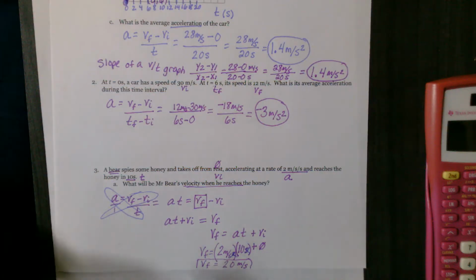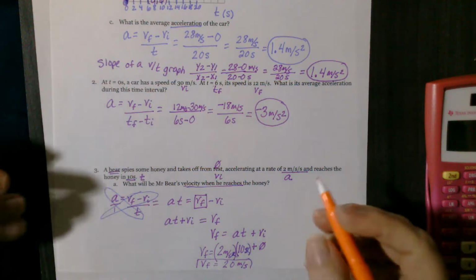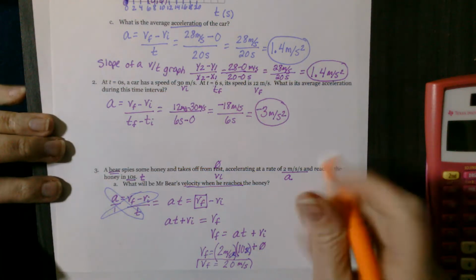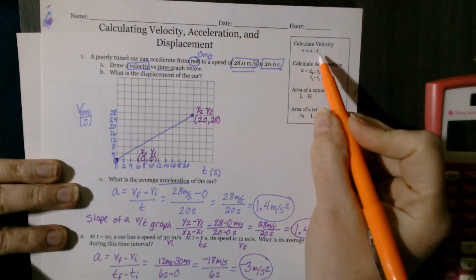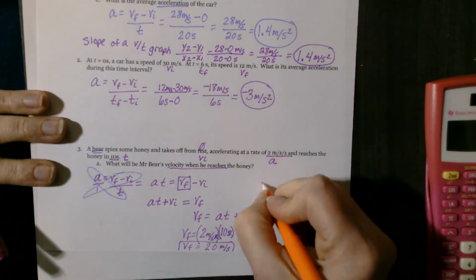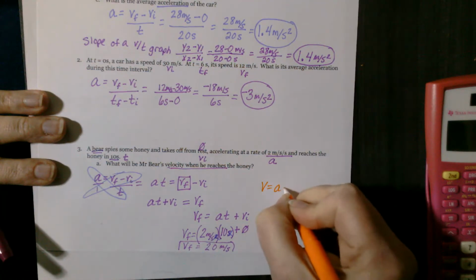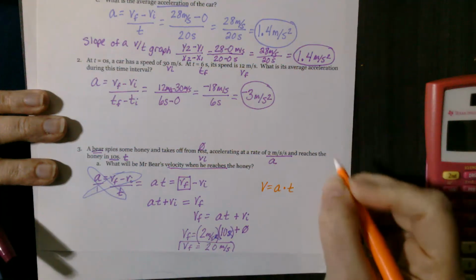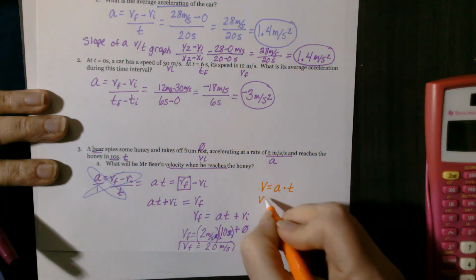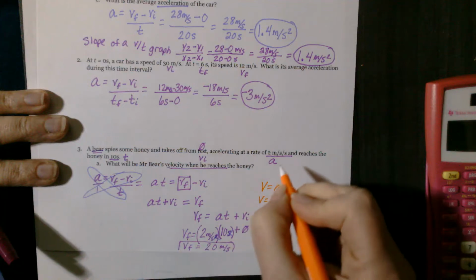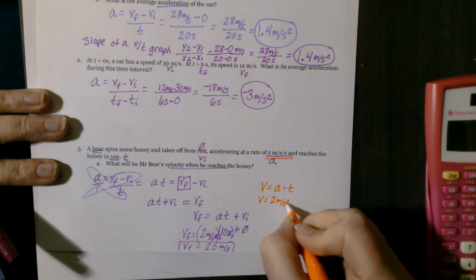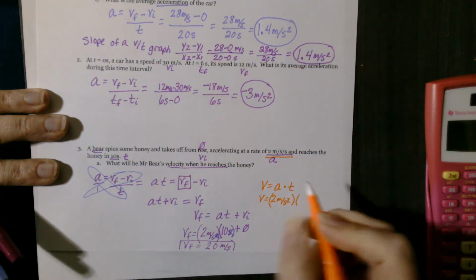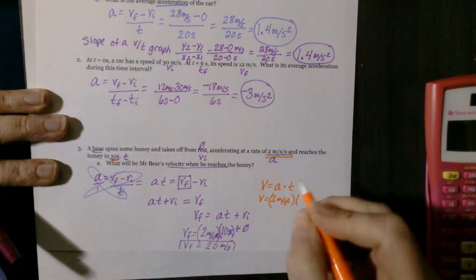And as always, there is more than one way to solve a problem. I could use way up at the top, V equals AT. So I could use V equals A times T. Velocity equals our acceleration, which was again 2 meters per second squared, times our time, which was 10 seconds.